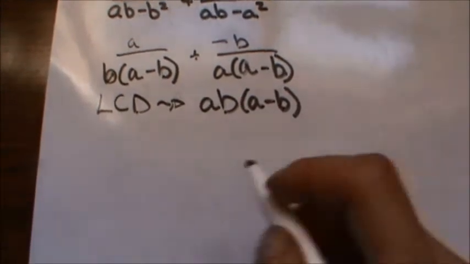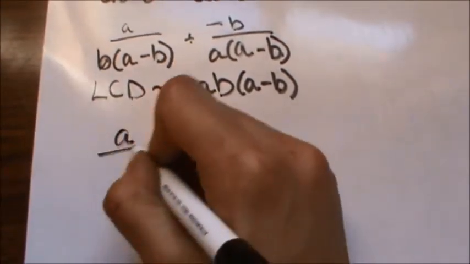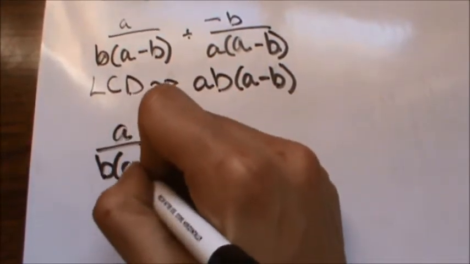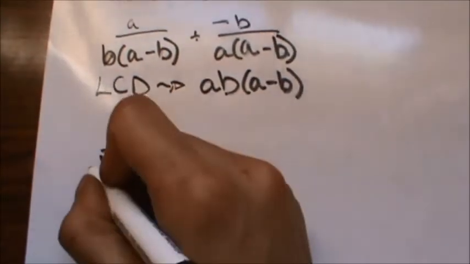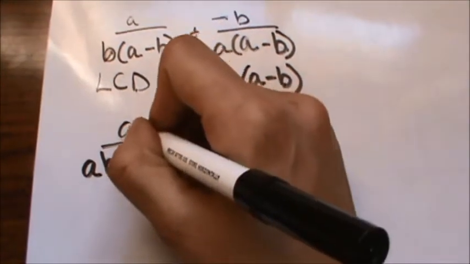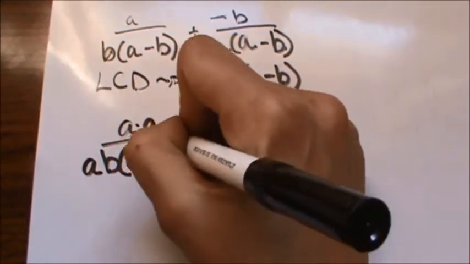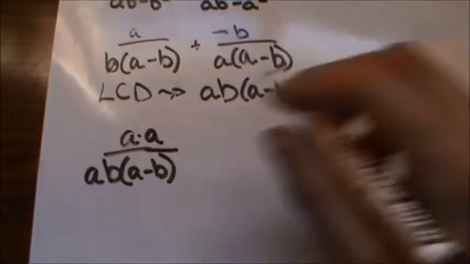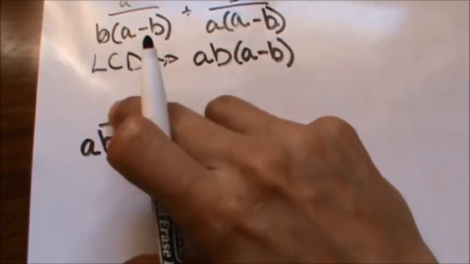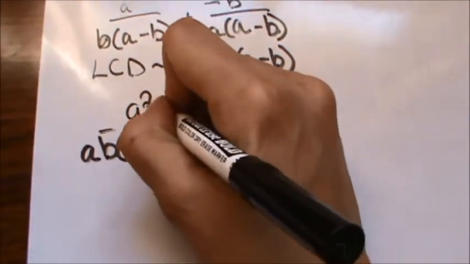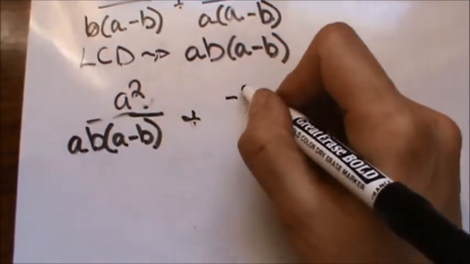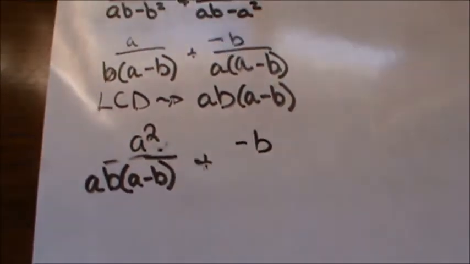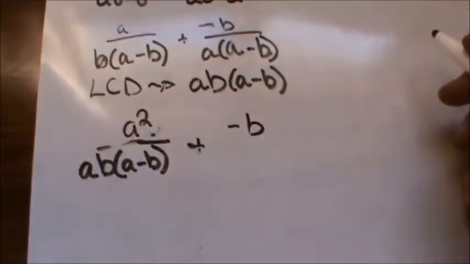Let's rewrite these fractions now and see what we have. So my first fraction has a b and the a minus b. It's missing the a. So I'm going to multiply top and bottom by a, like that. A times a is really a squared, so let's simplify that a little bit. A squared. My second fraction has now a negative b on top because we flipped this factor.